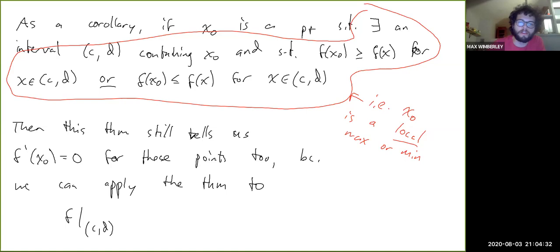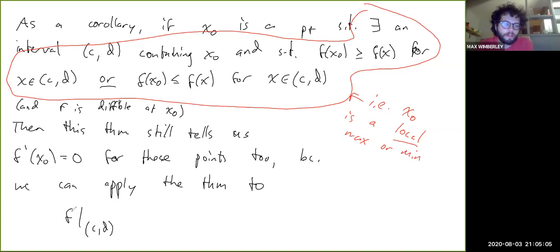Also, we're of course assuming that f is differentiable at x naught. So if f is differentiable there, then so is the restriction, and the value of the derivative of the restriction is the same as the value of the derivative of f. It's all very trivial to prove these things.